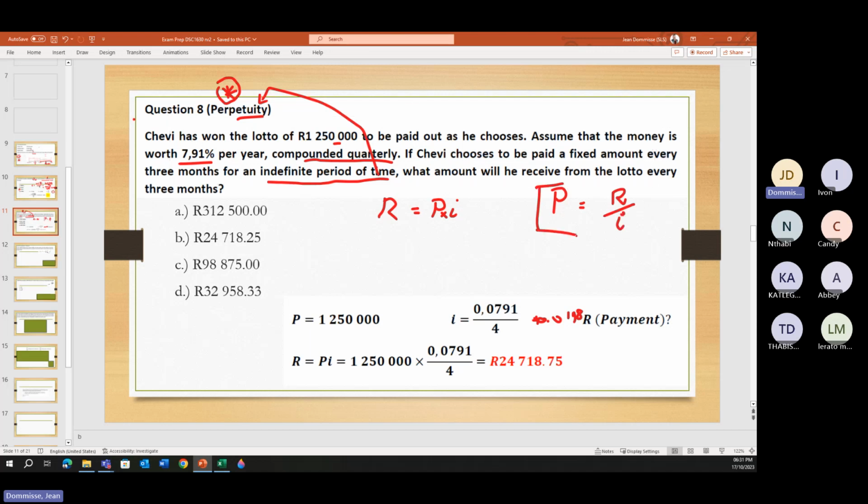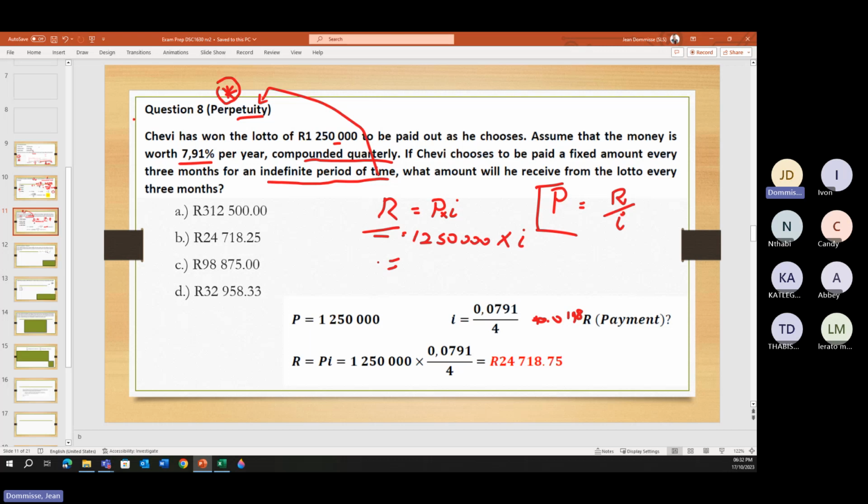So sorry about that. To get to R, we will multiply on both sides by I. So our formula would then look slightly different. So not divided by that, but times the interest.